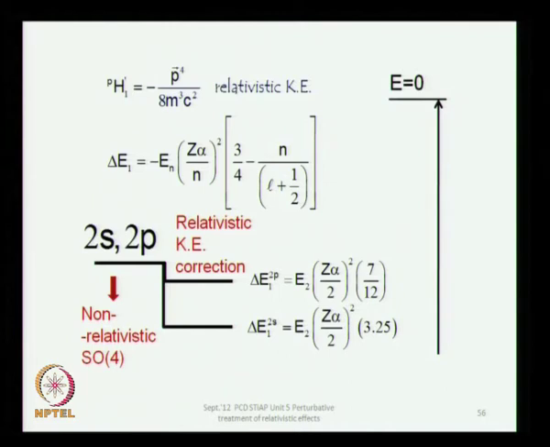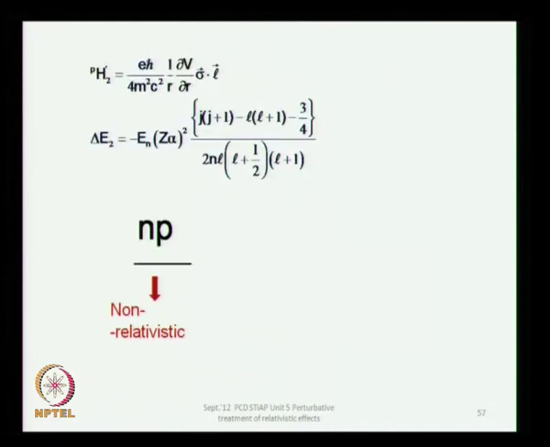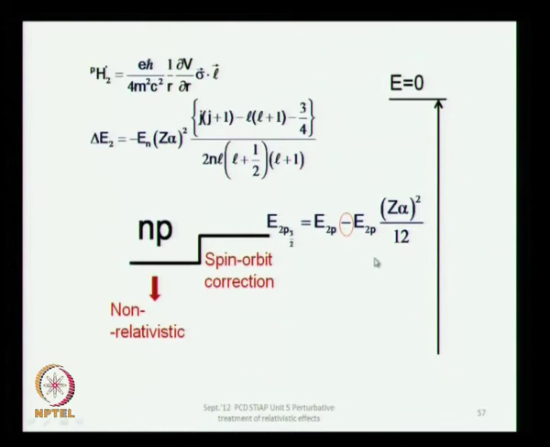So this is the relativistic kinetic energy correction. Next is the spin orbit correction, which will be for L equal to 1, that is the 2p state we are considering here. When J is L plus half, this goes as the original energy minus E2p times the (Z alpha) square factor. Mind you, there is a minus sign here, but E2p is intrinsically negative, so you are adding a number, and it becomes less negative than it was before.